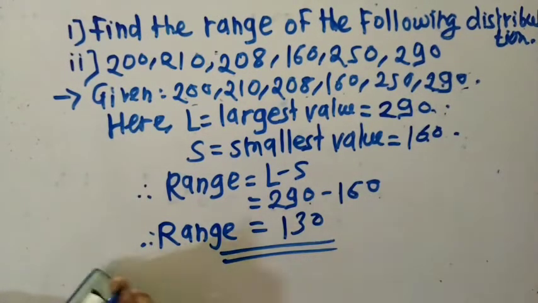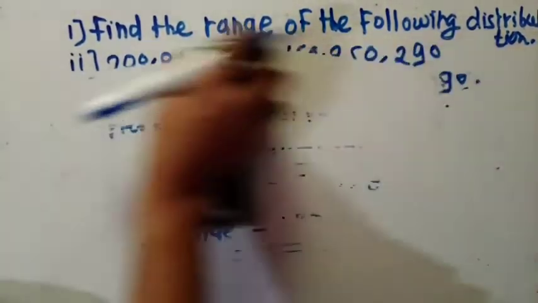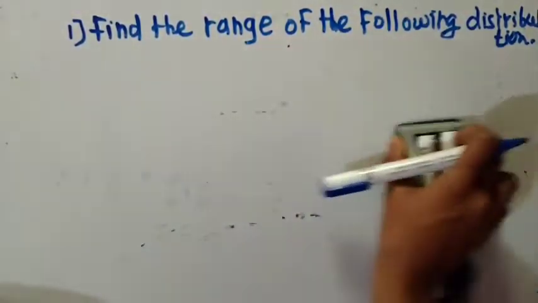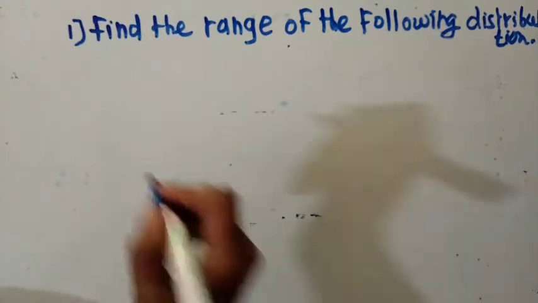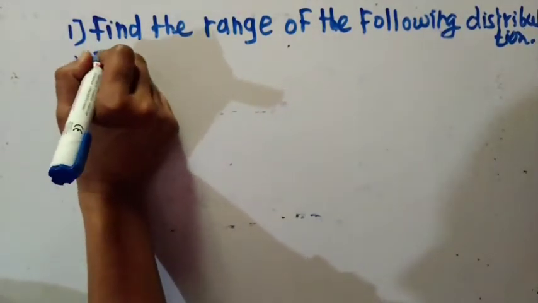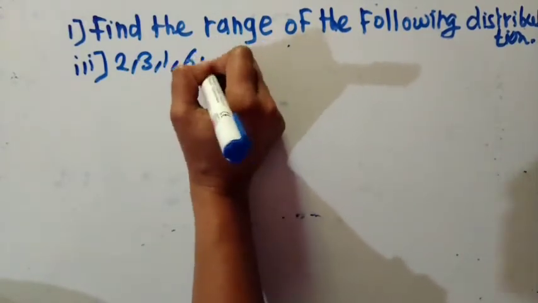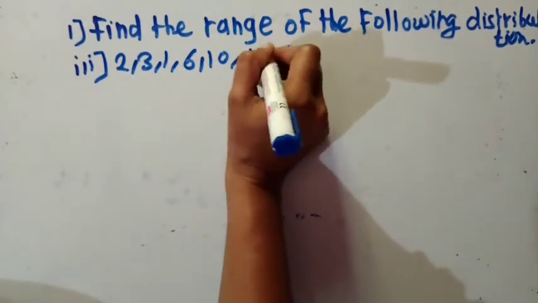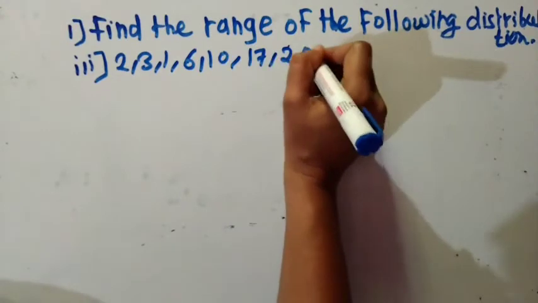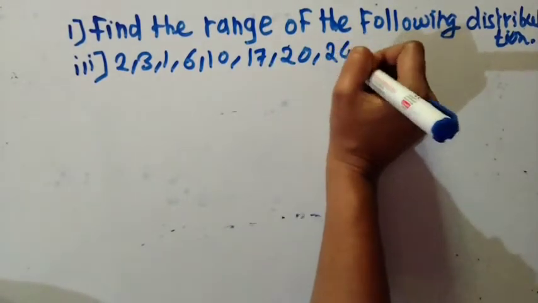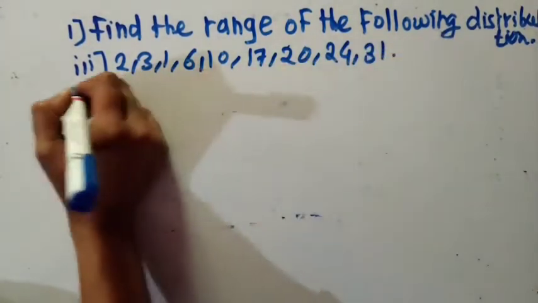Then we give the third example: 2, 3, 1, 6, 10, 17, 20, 24, 31.